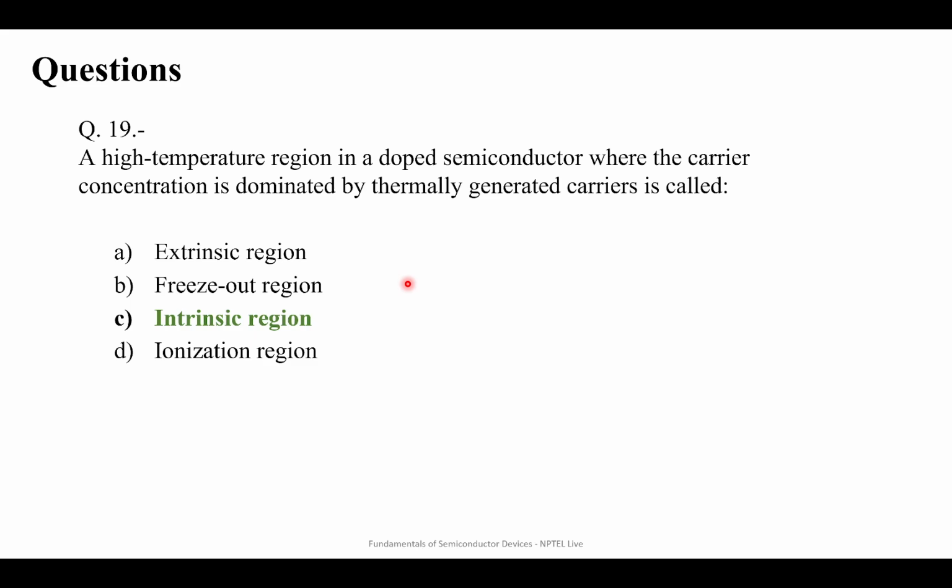The intrinsic carrier concentration has dominated over the dopant concentration. So all the carrier dynamics are now controlled by the intrinsic carrier concentration and not the dopant concentration. Hence, it is called the intrinsic region. My semiconductor is behaving like an intrinsic semiconductor even though it is doped.